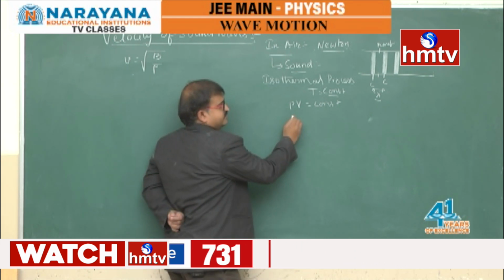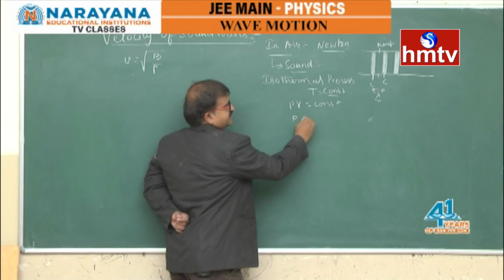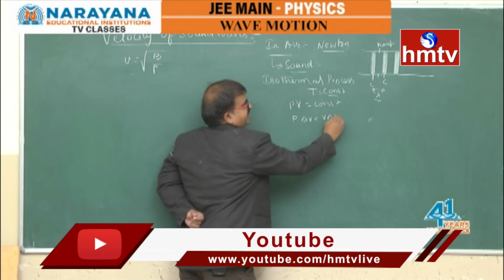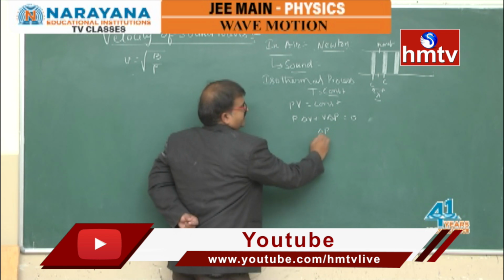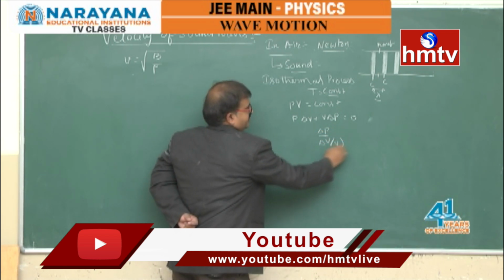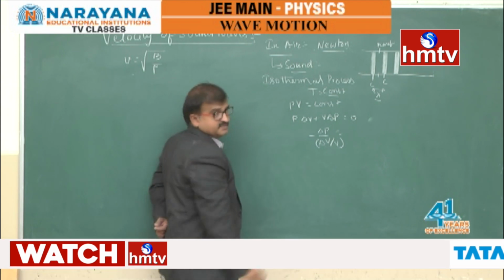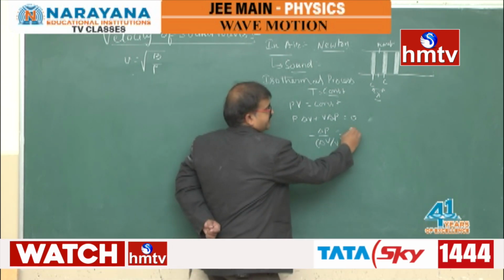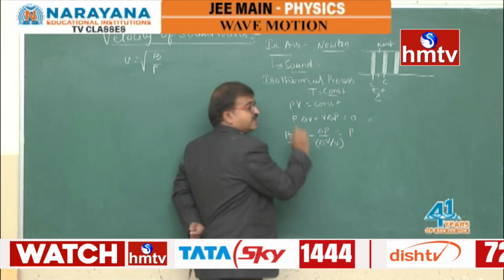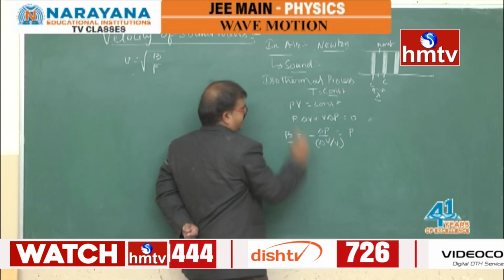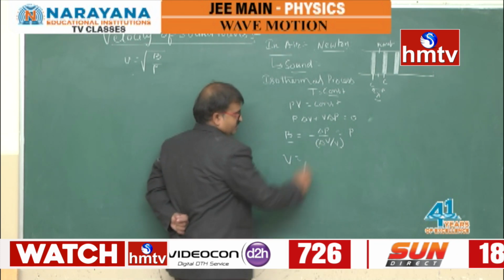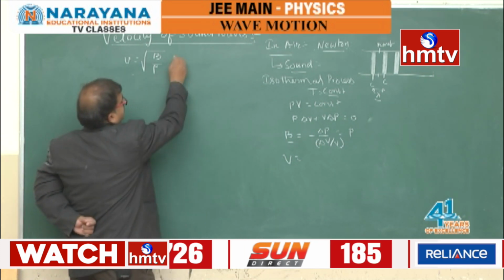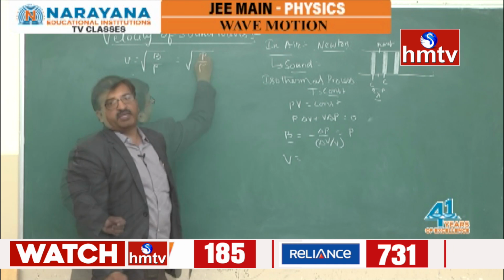Now by considering the variation of this, d(PV) = 0, you will get minus delta P upon delta V by V is equal to the pressure P, which is the bulk modulus. So according to Newton, the velocity V becomes root over B by rho, which becomes root over P by rho.